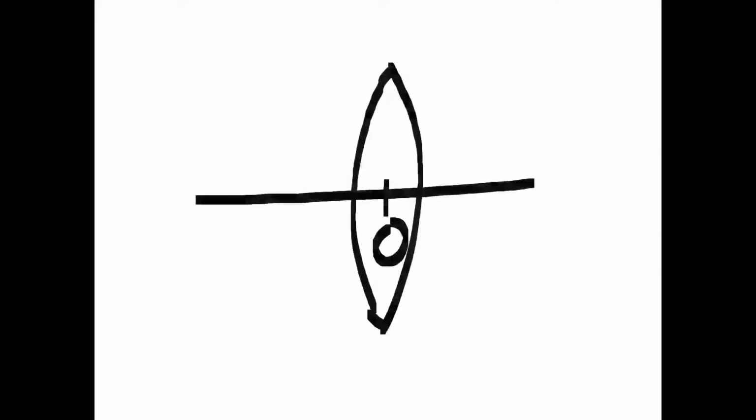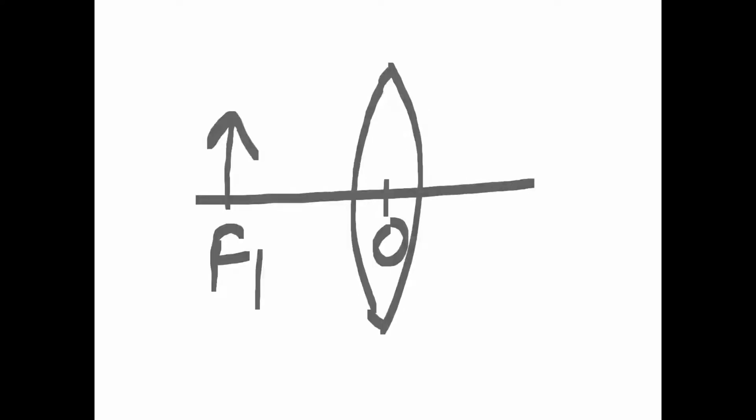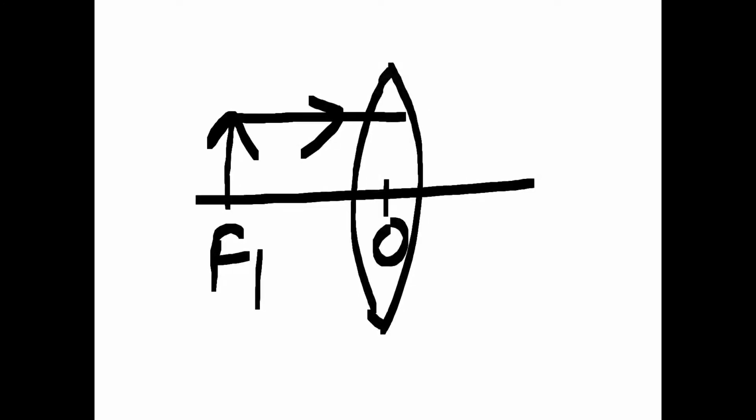Next is when the object is placed, this is optical center, and the object is placed at focus. First ray will go parallel once again through the focus, right? Second ray will pass through the optical center, and these both rays will not meet.